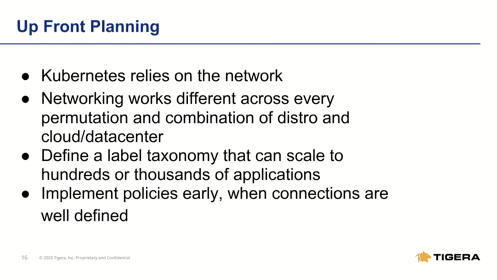Kubernetes relies on the network, and it's going to work differently across each one of those combinations and permutations of different cloud environments. So make the right decision up front. Define a label taxonomy that's going to scale, and think about this as being hundreds or thousands of applications.